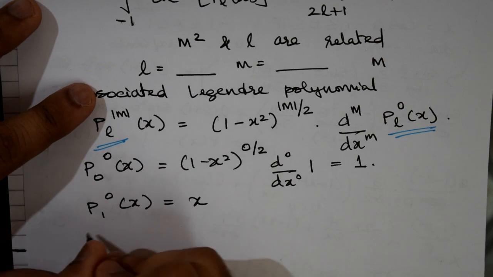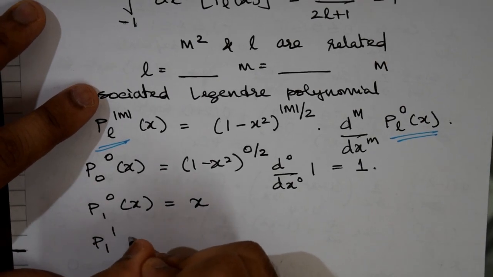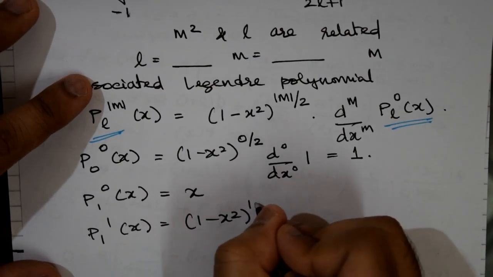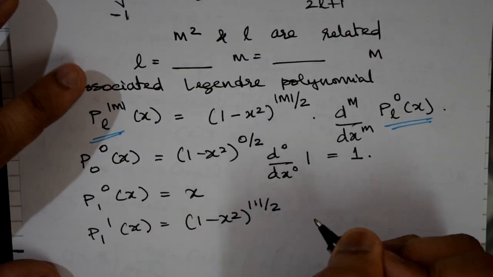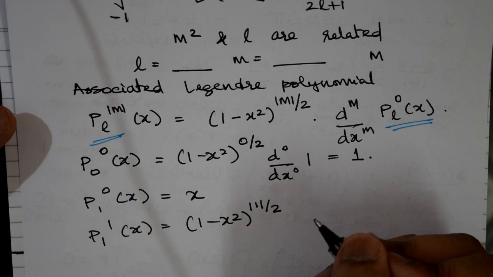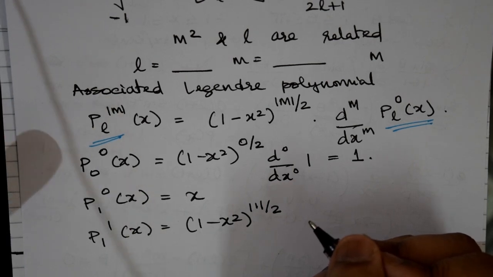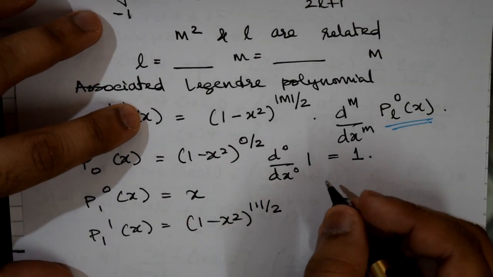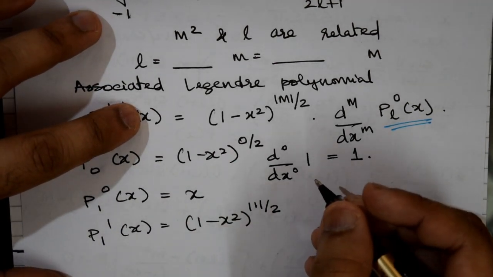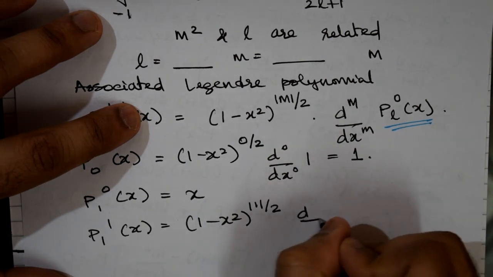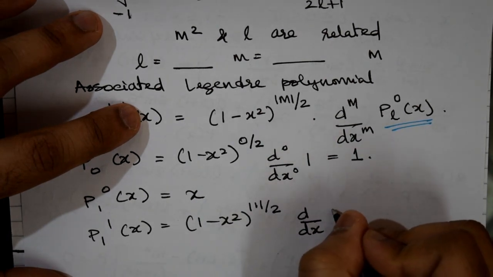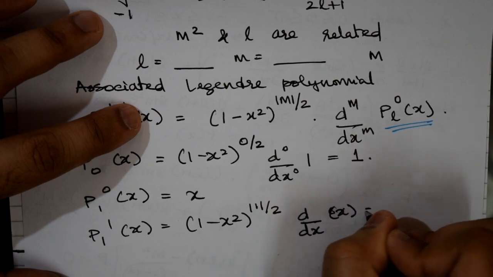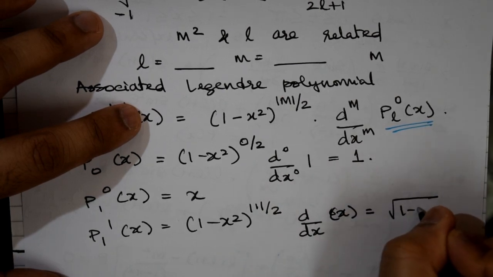So P_1^1 of x is going to be given by 1 minus x squared to the mod of 1 over 2. The reason why we get a mod, because L and m squared are related to each other in the initial function that we ended up deriving. So therefore, it's going to be invariant to plus minus 1. Okay, so having done this, d by dx of the first function, which is going to be x. So this will end up being square root of 1 minus x squared.